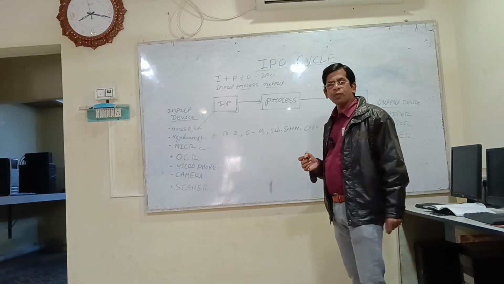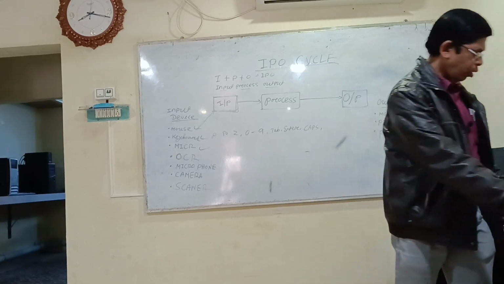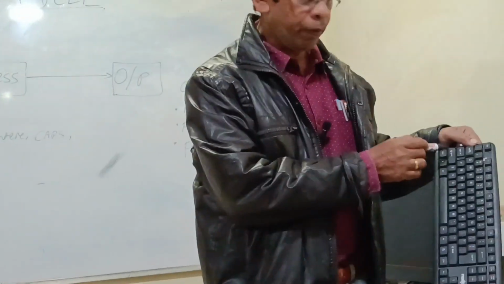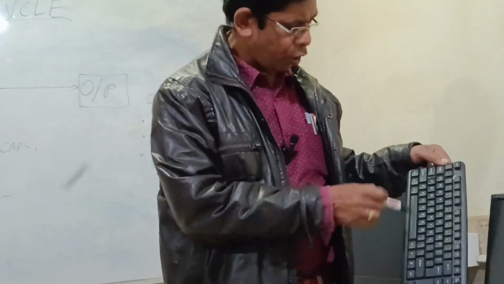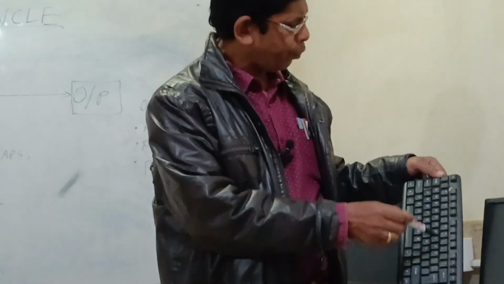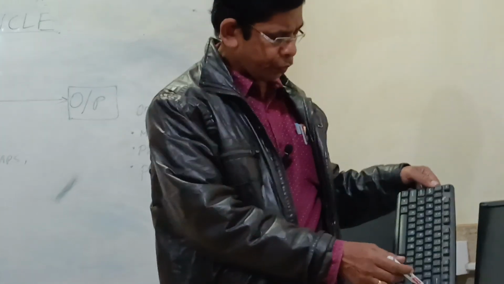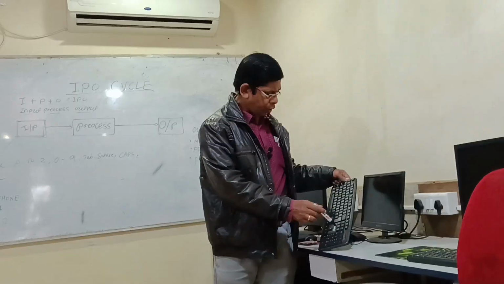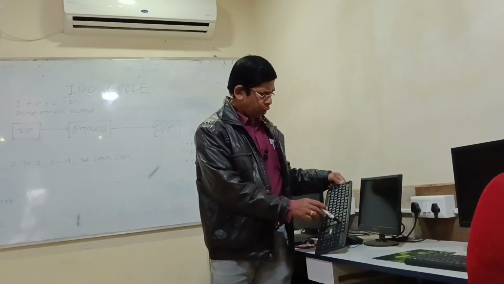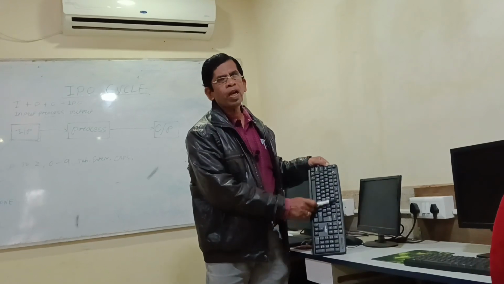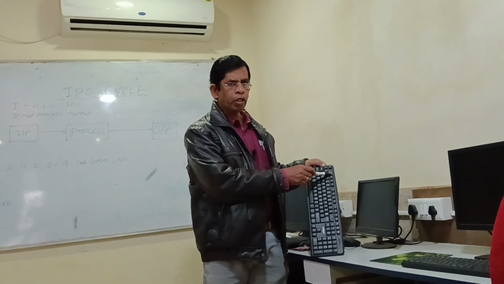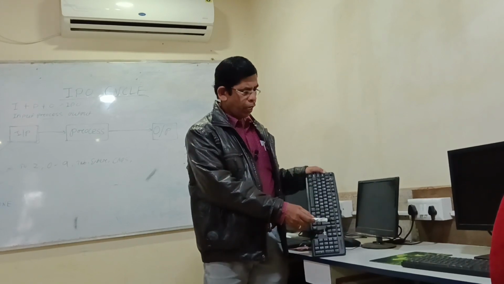Then there are many special keys: tab, caps, shift key, control key, alt key, enter key, escape key, insert, delete key, page down, page up, print screen, and so many more. Here are the function keys, F1 to F12.